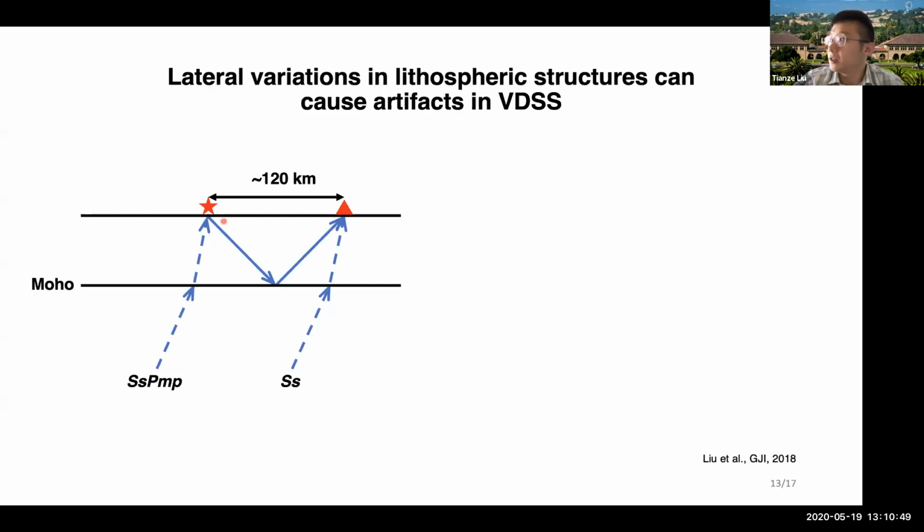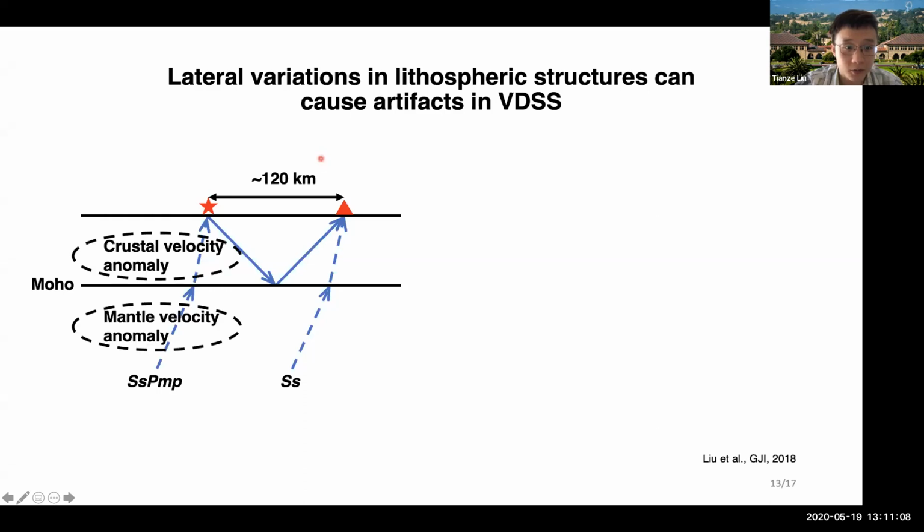In VDSS, in order to achieve post-critical reflection at the Moho, our virtual source is typically very far away from our station. And for a typical crustal thickness of 40 kilometers on continents, this distance can be up to 120 kilometers. And this makes it possible for some velocity anomalies to exist on the ray path of the SS wavelet of SSPMP, which do not exist on the ray path of direct SS.